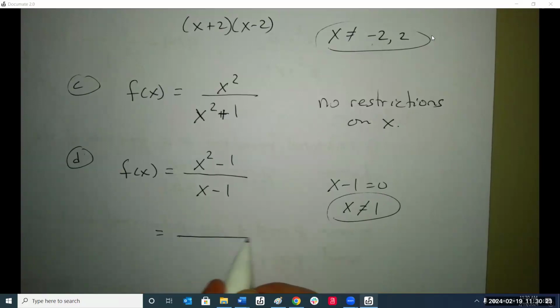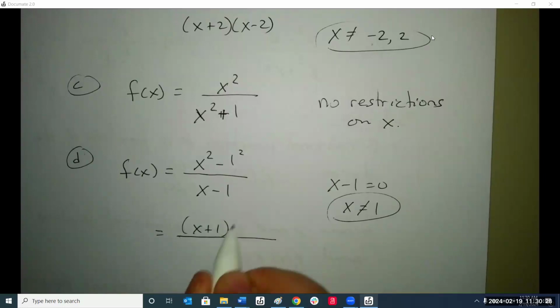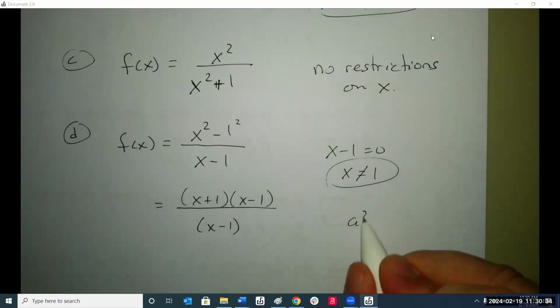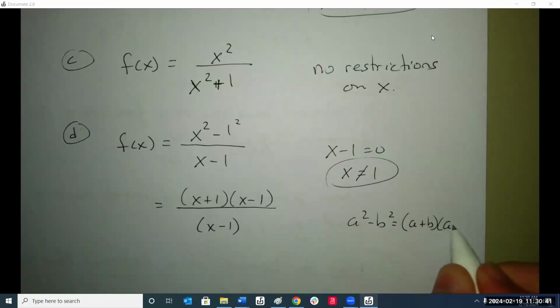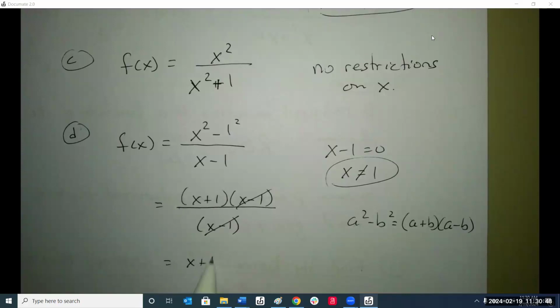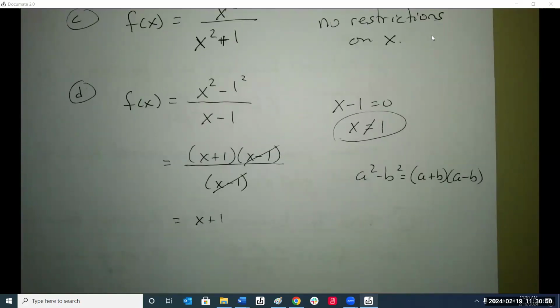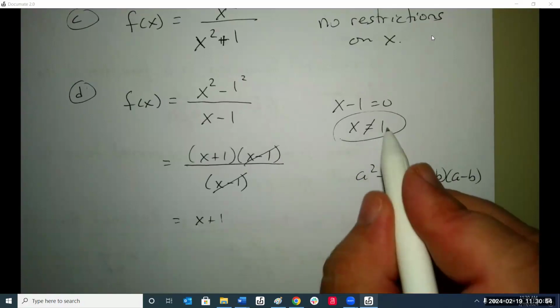Because if we look at the top, we have the difference of two squares. Remember, a difference of two squares is a plus b, a minus b. You notice how these can cancel, leaving us with x plus 1. We still cannot use 1 as an answer.